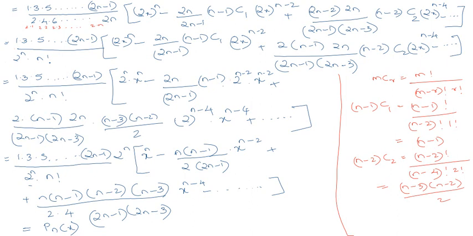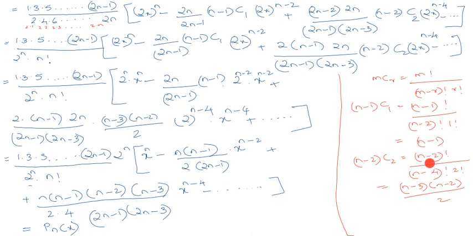Similarly, we have to find what is n minus 2 into c2. N minus 2 into c2 is n minus 2 factorial divided by n minus 4 factorial into 2 factorial. 2 factorial is 2. N minus 2 factorial is 1 into 2 into 3 etc. n minus 4 into n minus 3 into n minus 2, and n minus 4 factorial is 1 into 2 into 3 etc. n minus 5 into n minus 4.